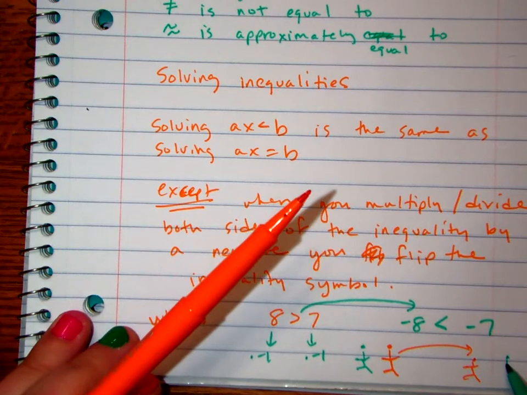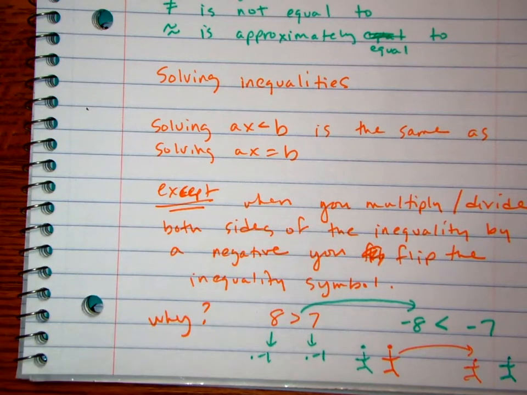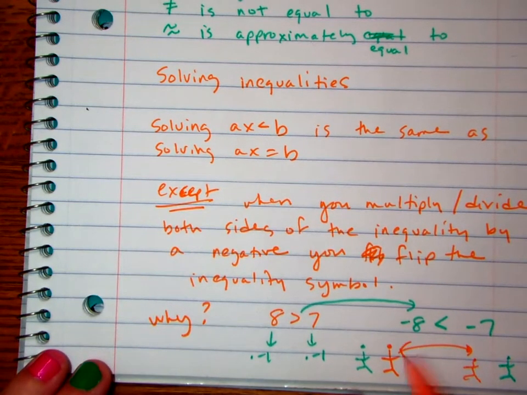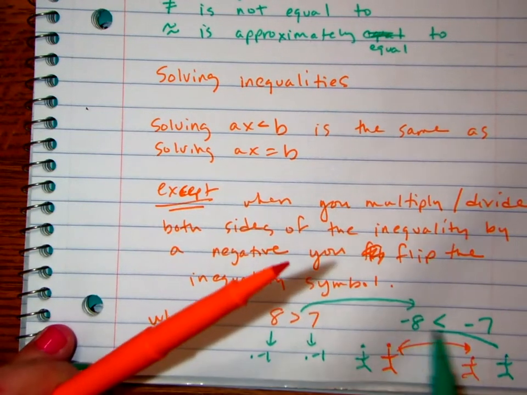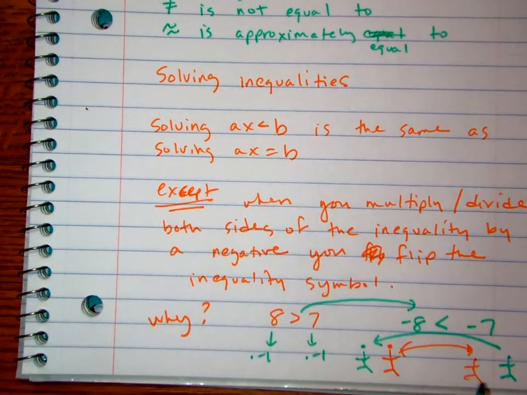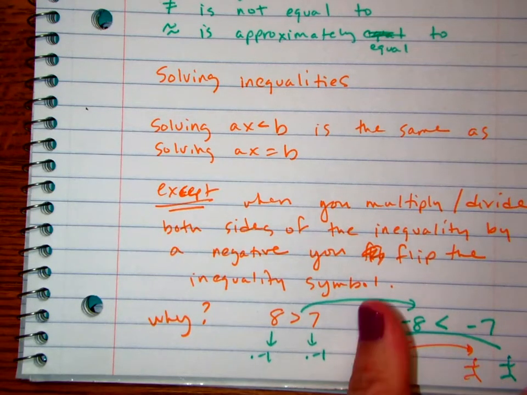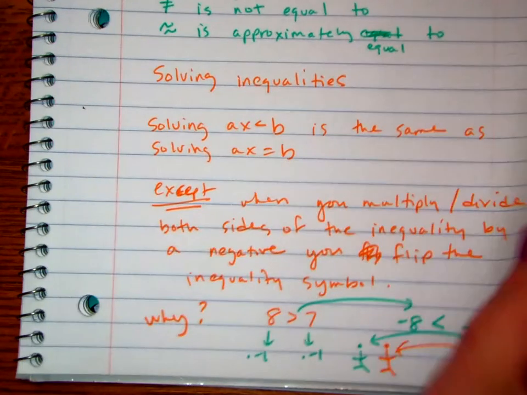Before, this one was ahead or behind, and now they're reversed. Hopefully that explains it, but just remember that when you're solving inequalities with a negative, you flip the symbol. That should be fine. All right, so let's do some examples of solving.